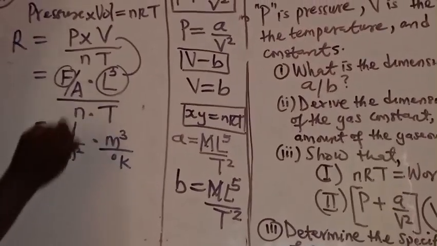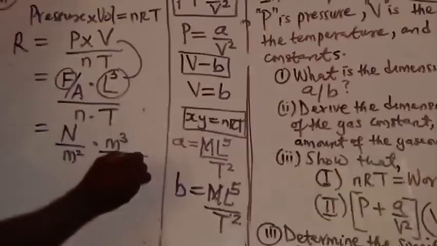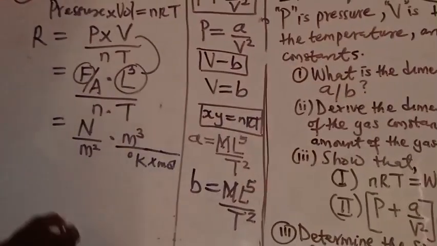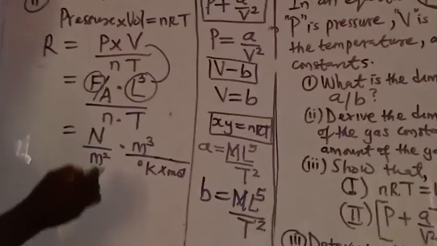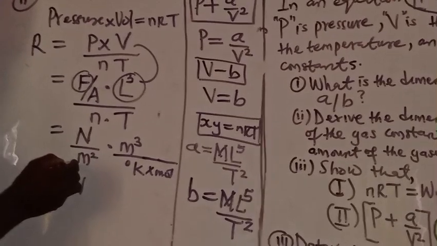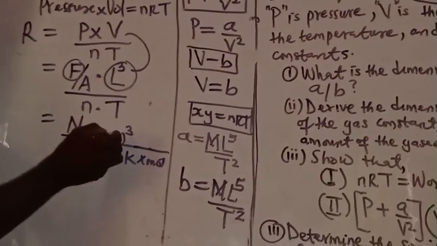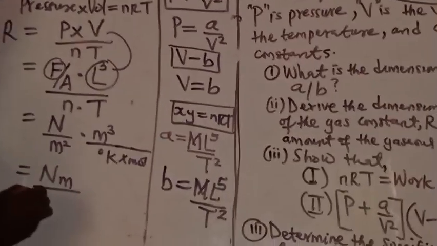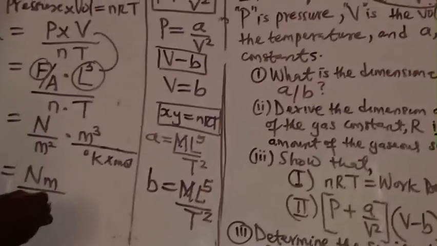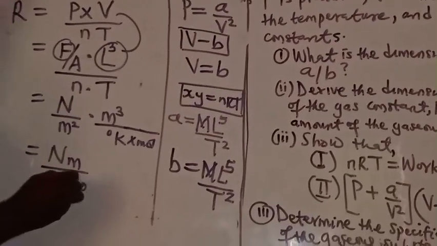Then we have another one here, n is mole. So now we have Newton. This m, we have 2 m here, and meter cubed there, so one will remain up there, divided by Kelvin dot mole.